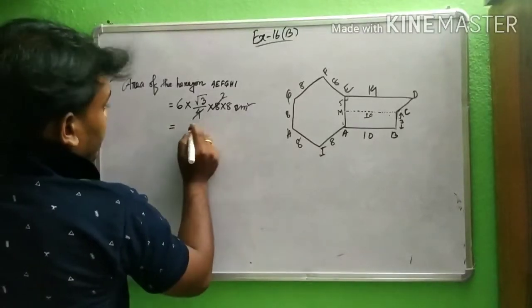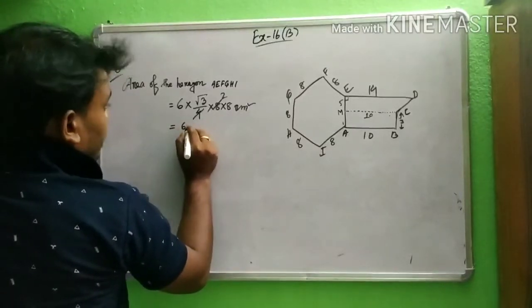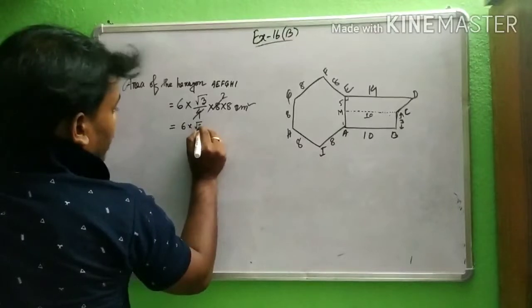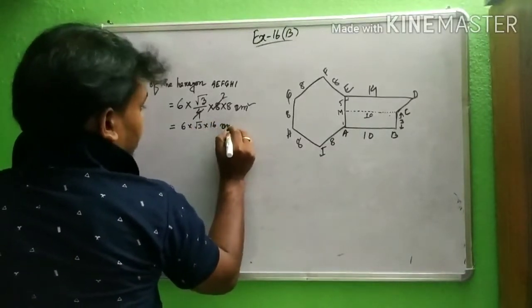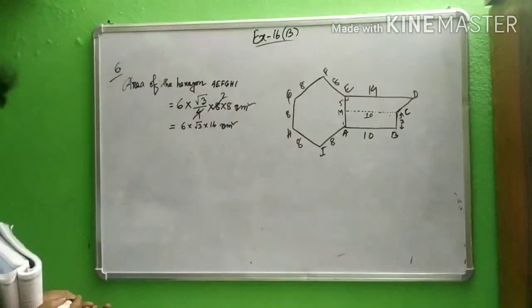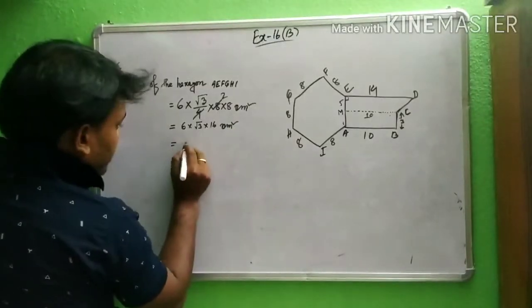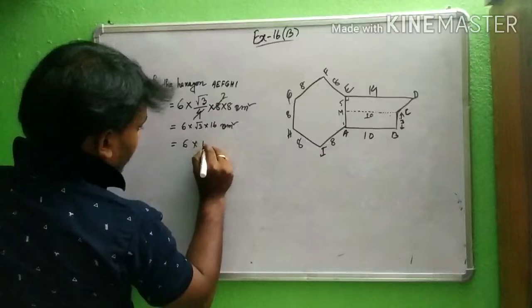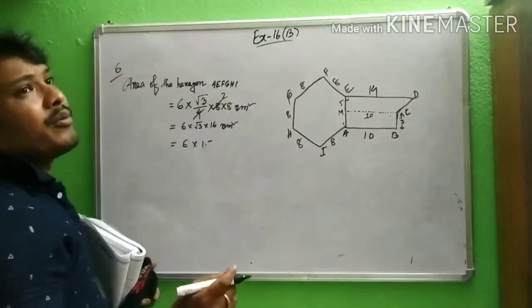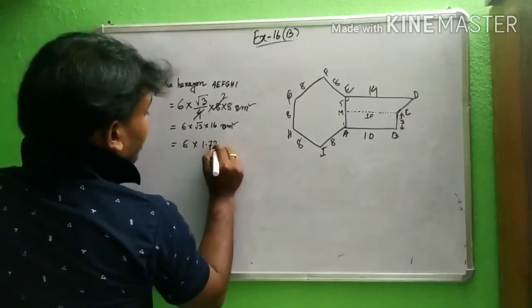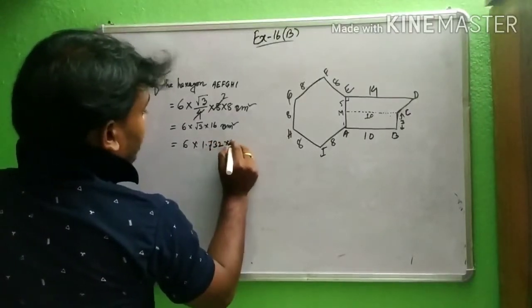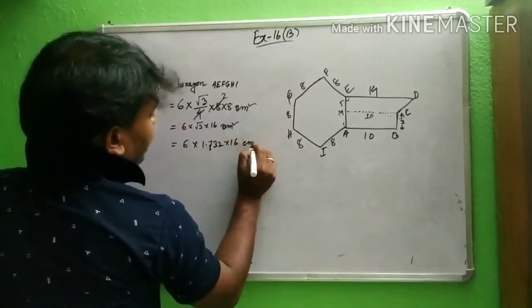So the value is 6 into root 3 into 16 centimeter square. So the value of root 3 is 1.732, 6 into 1.732 into 16 centimeter square.